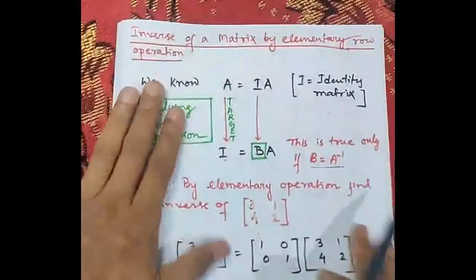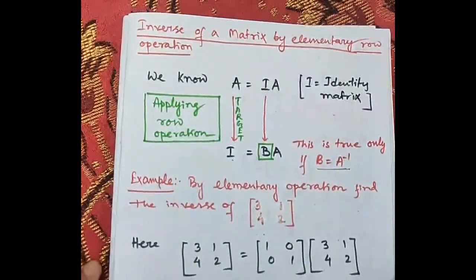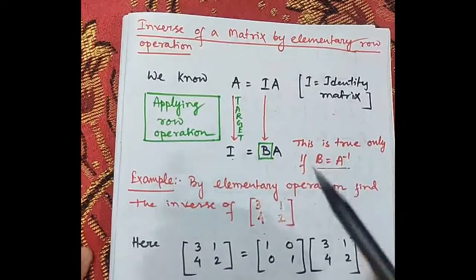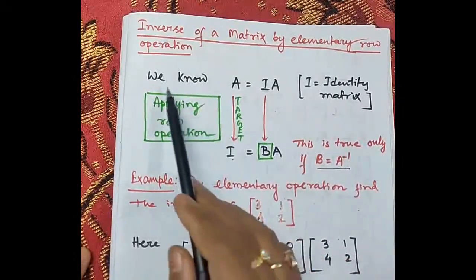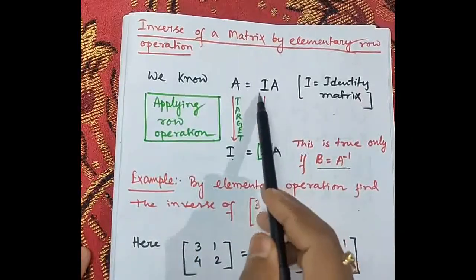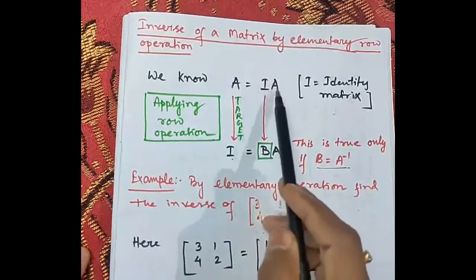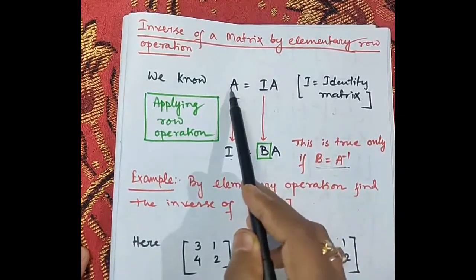Okay. Now, inverse of a matrix by elementary row operation. All these three types of row operation we will apply here to find the inverse of a matrix. Now we know that A equals I into A. That means if you multiply the identity matrix with any matrix, you get the matrix itself.